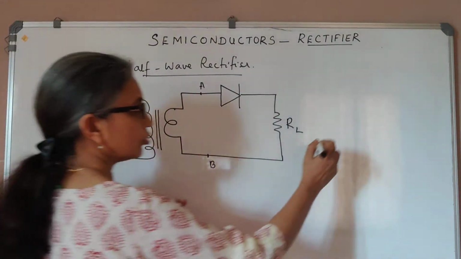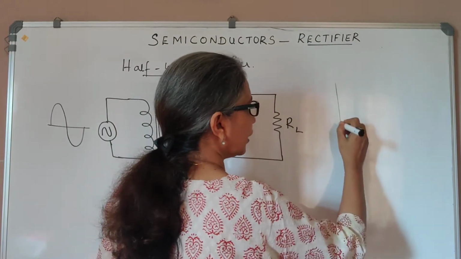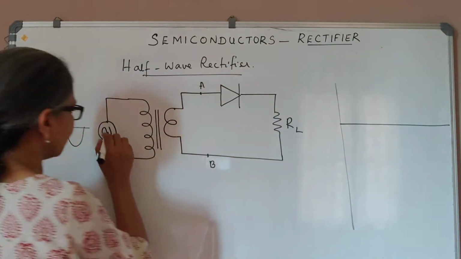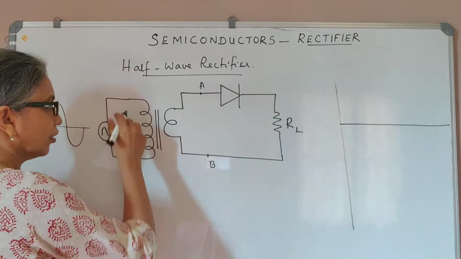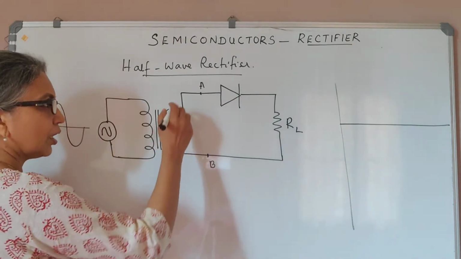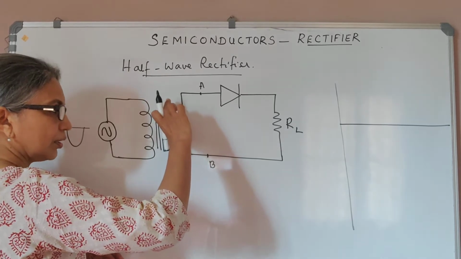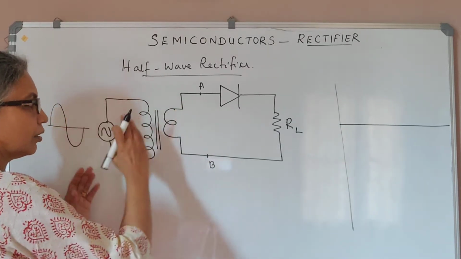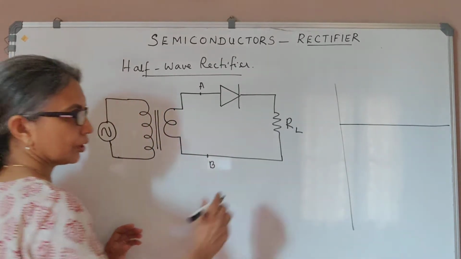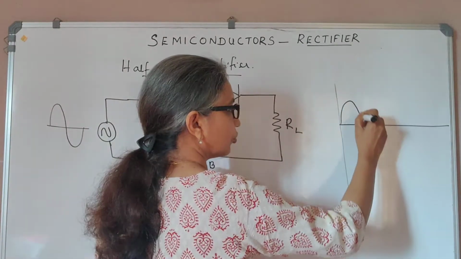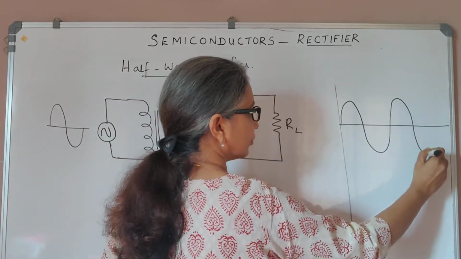So if I'm going to draw a graph here of the input voltage, that is the input voltage that is going to come in at A. From the secondary, it has been stepped down, and we have an input voltage that is appearing across the secondary of the transformer from the AC input. So that input voltage is what I'm going to draw here, AC. Okay.